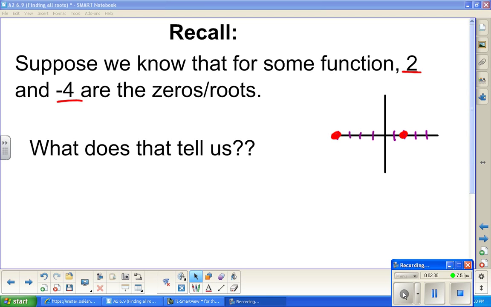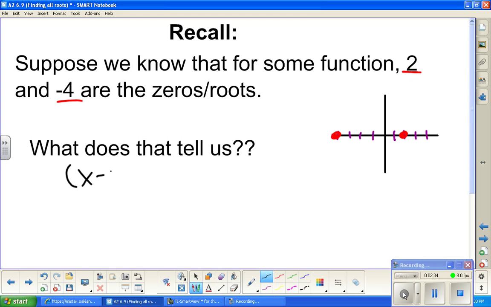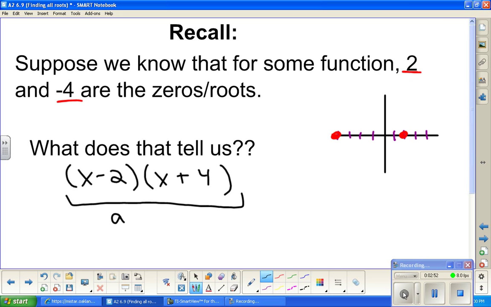So we were thinking something about if 2 is a 0, we know something about x minus 2, right? Because wouldn't that factor get 2 as an answer? And then if we know -4 is a 0, what's the other factor? X plus 4. So we know that both of these are factors of the equation.